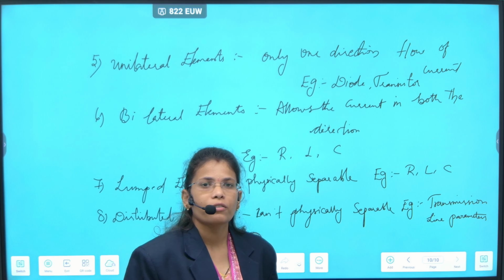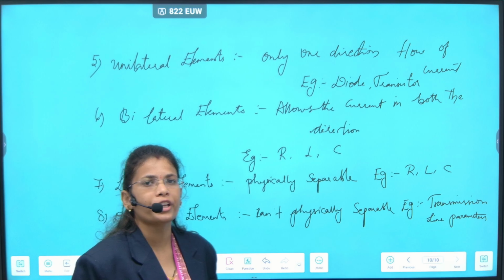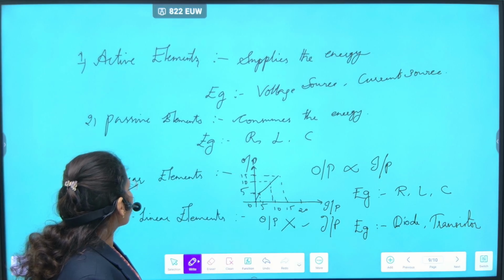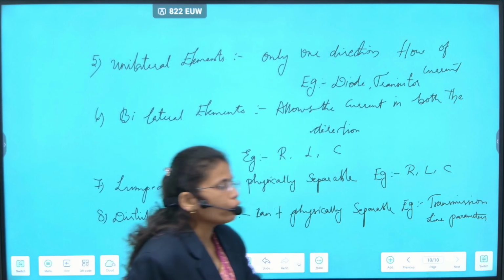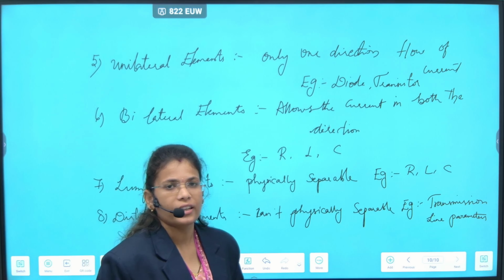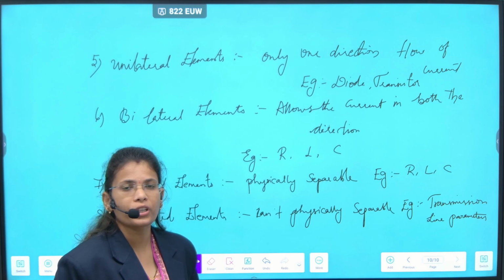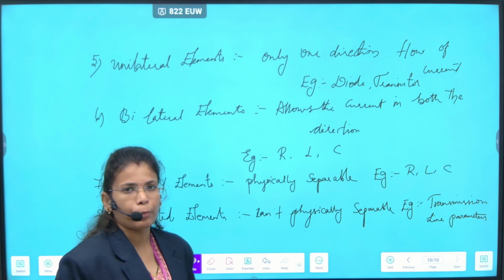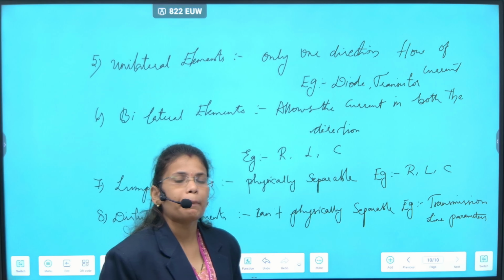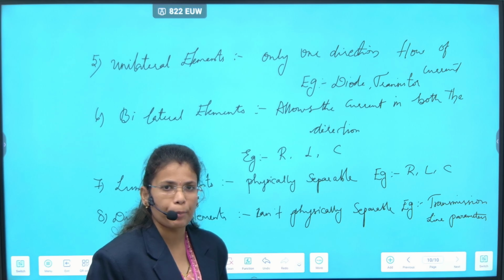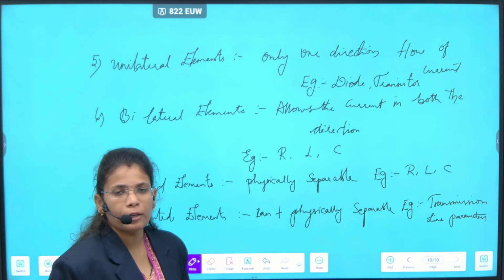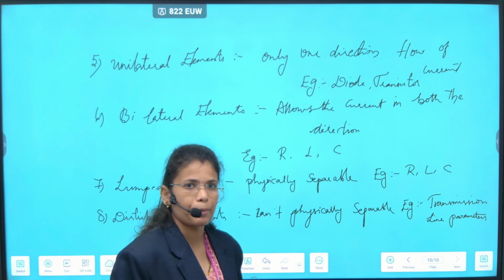Unilateral elements allow the current to flow in only one direction, whereas bilateral elements allow the current to flow in both directions. Linear elements: output is directly proportional to the input. Non-linear elements: the output is not directly proportional to the input. Lumped elements can be physically separated, whereas distributed elements cannot be physically separated.